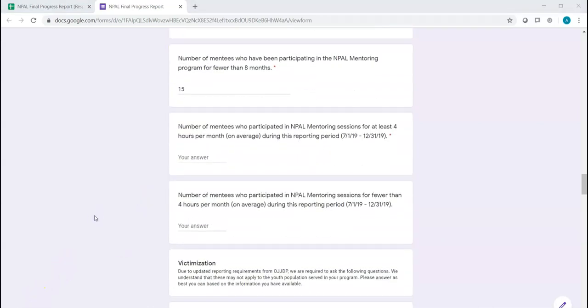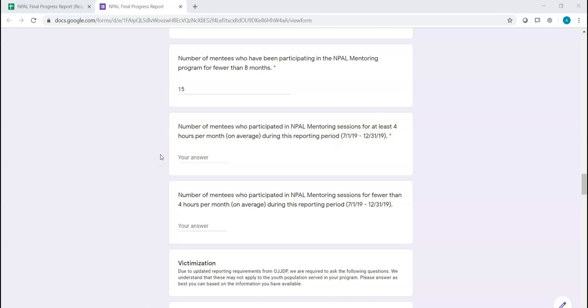These next few questions have to do with the average hours per month that your mentees were participating in the program during this reporting period. So again, since July 1st of this year. The first is the number of mentees who participated in mentoring sessions for at least 4 hours per month on average during this reporting period.